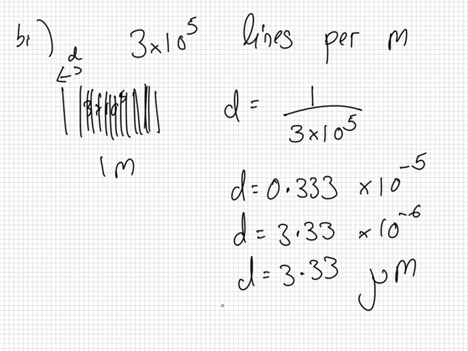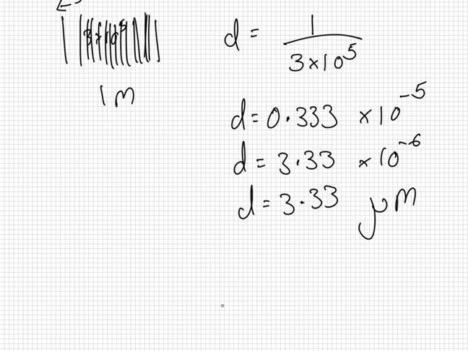So the second part now is the light is shone through the grate and it diffracts. So there's 2 formulas for this one. The one with the sine theta in it and the one without the sine theta. And in fact you could use both here to get the answer. So try part 2 now, please.